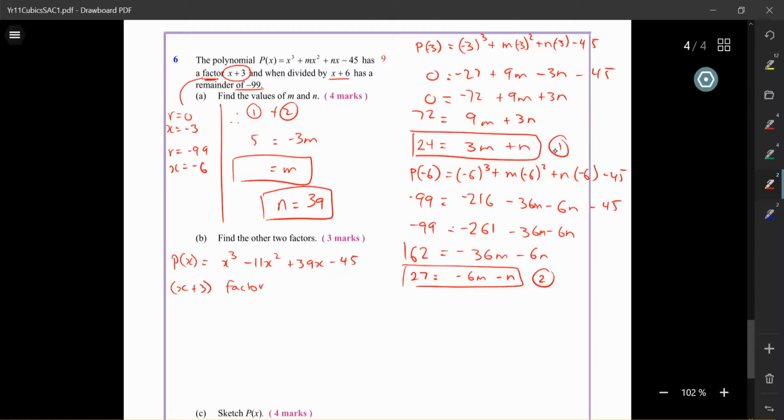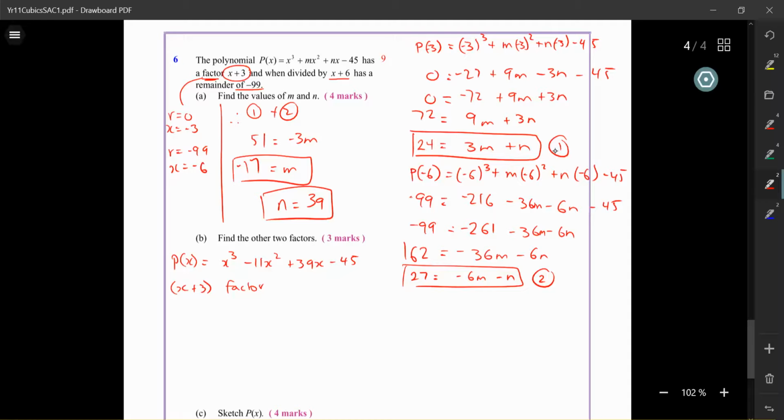So this should be 51. Is that correct? Yeah, equation 1 plus equation 2, 24, 51, negative 3m, these two cancel out. And then how many 3's in 51? 3, so it goes 1, 17. I think 1, 2, yes, 17.